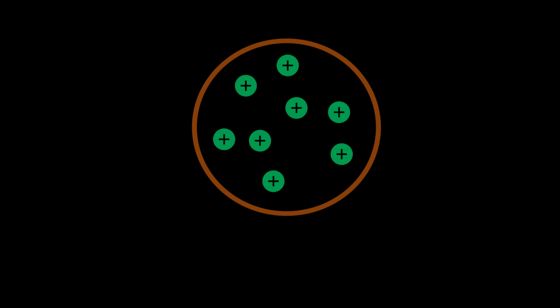In this object, we have 1, 2, 3, 4, 5, 6, 7, 8 positive charges and 1, 2, 3, 4, 5, 6, 7, 8 negative charges. This means we have 8 electrons and 8 protons.